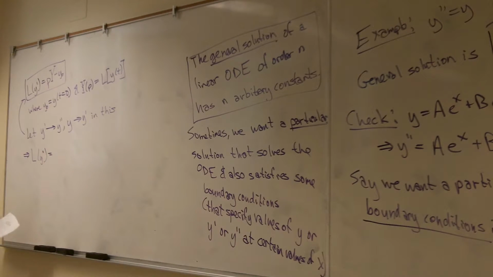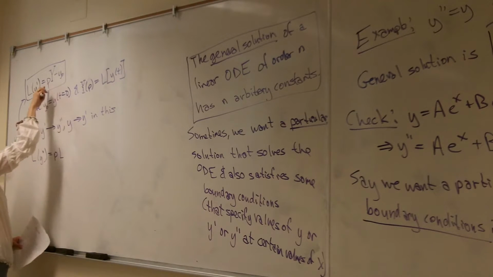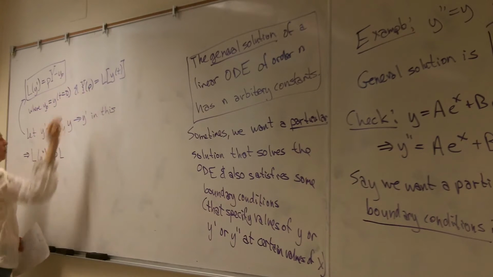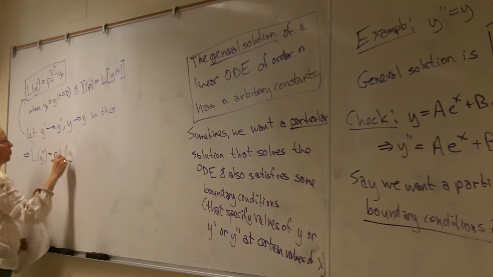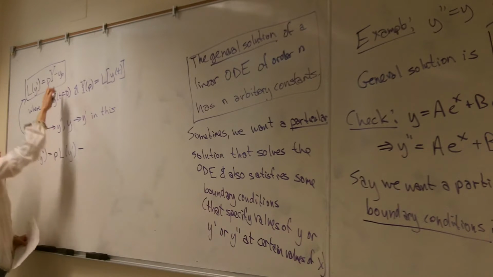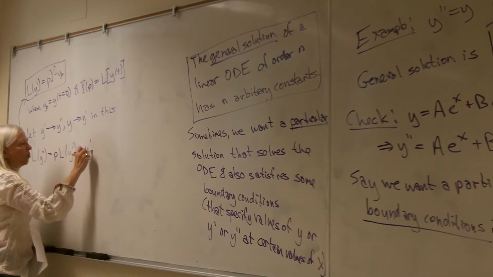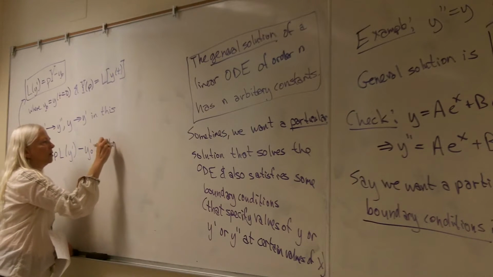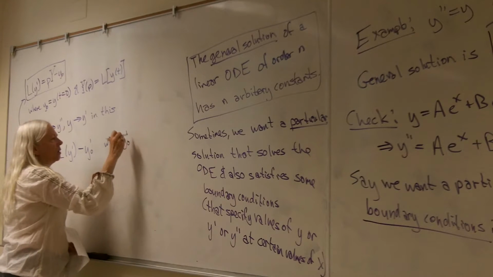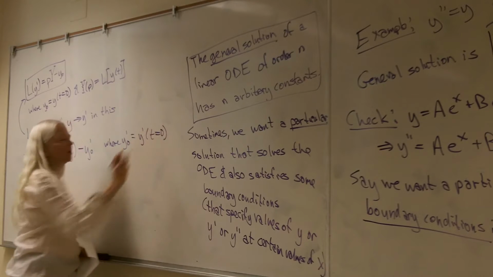And so that will be equal to p times the Laplace transform, right? Capital Y was the Laplace transform of little y. But now I'm replacing y by y prime, so I have the Laplace transform of y prime. And y is being replaced by y prime, so this is now y prime naught. What I mean by this is y prime evaluated at t equals 0.